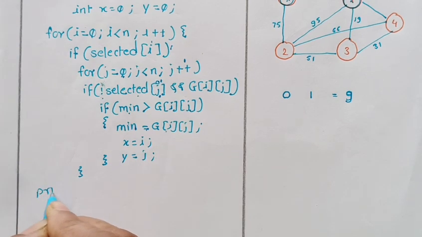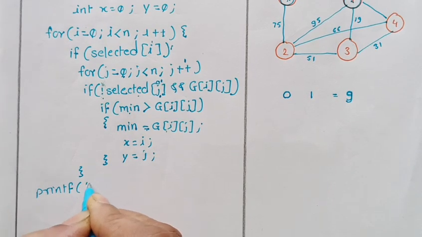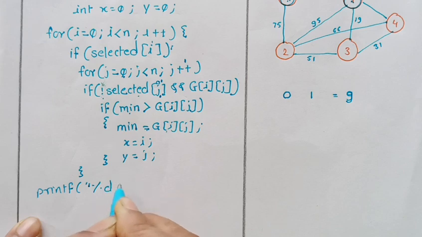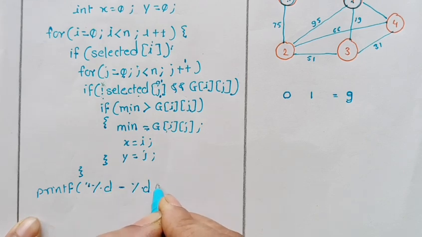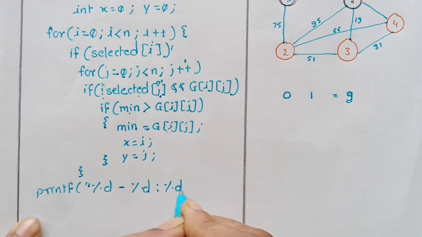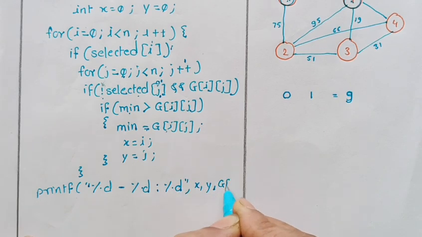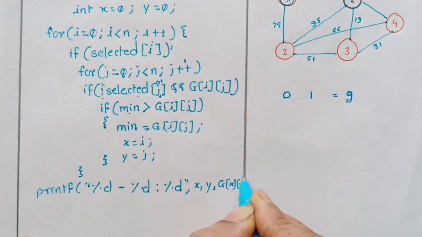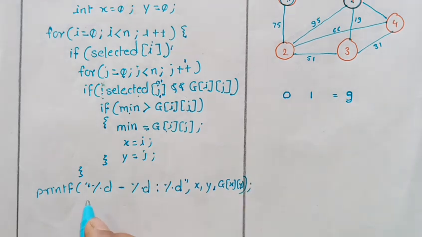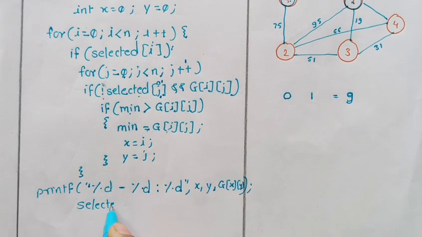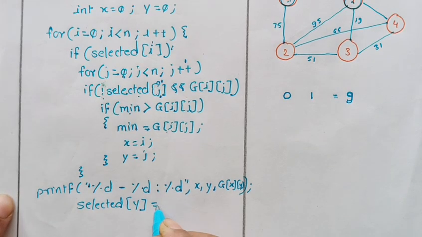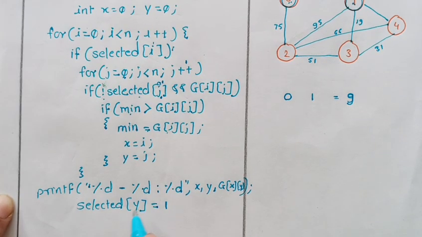For that, printf, what you have to print: percentage d dash percentage d colon percentage d. You have to enter x, y, and g of x and y. Then selected of y you are selecting, so you have to put that.